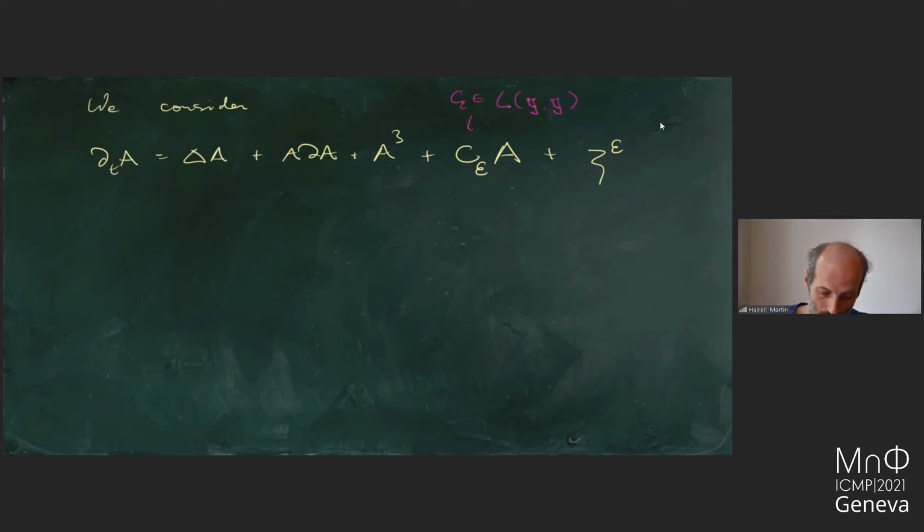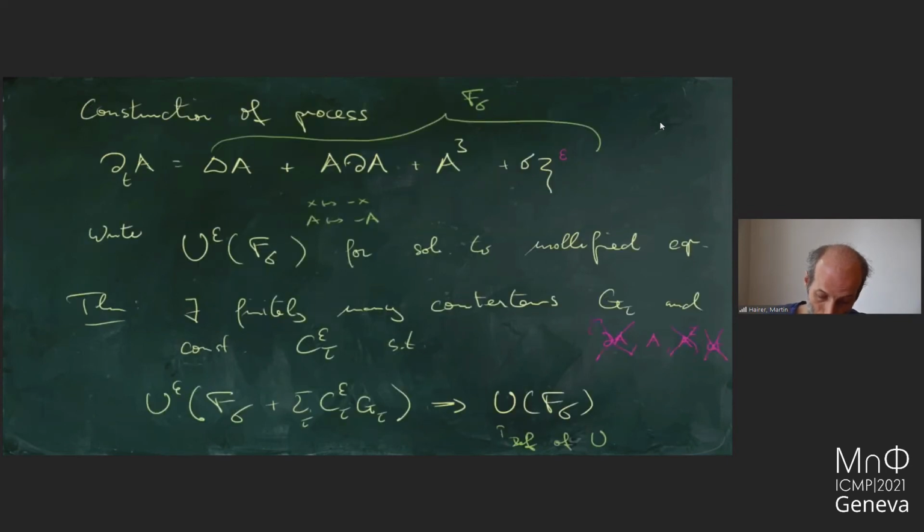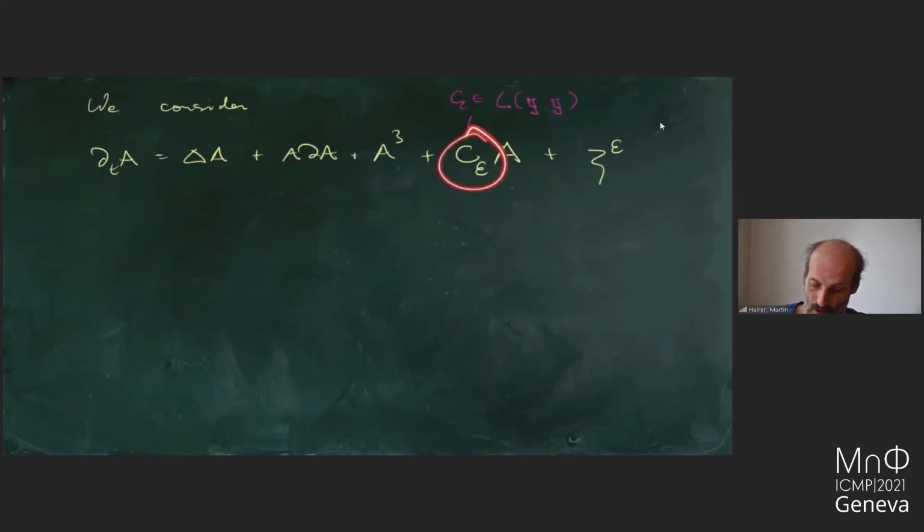And so the claim, now first, this theorem tells us that it's possible to choose the C epsilon in such a way that this converges to a limit, okay? But it doesn't tell you that it's unique.